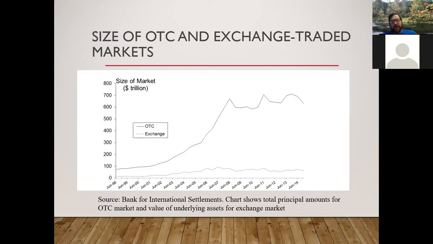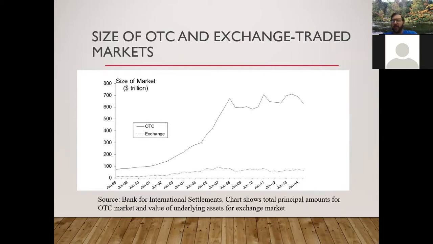That's like the value of the United States, every asset, not just the government, but all privately held, corporate held assets. But that's about what the exchange markets are.